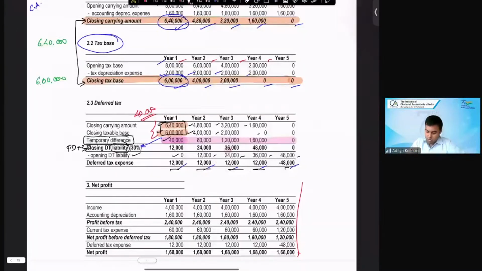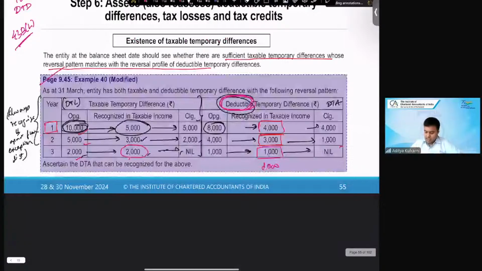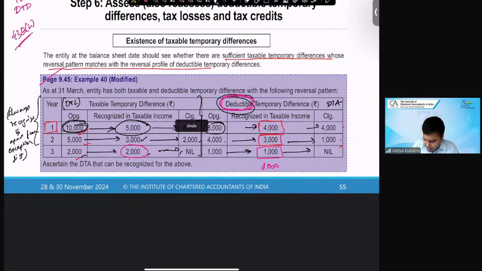So coming back to our discussion, look at this. Opening deductible difference, reversed 4,000, closing 4, 3, 1, 1, 1, 0. There is a reversal of 5,000 liability.